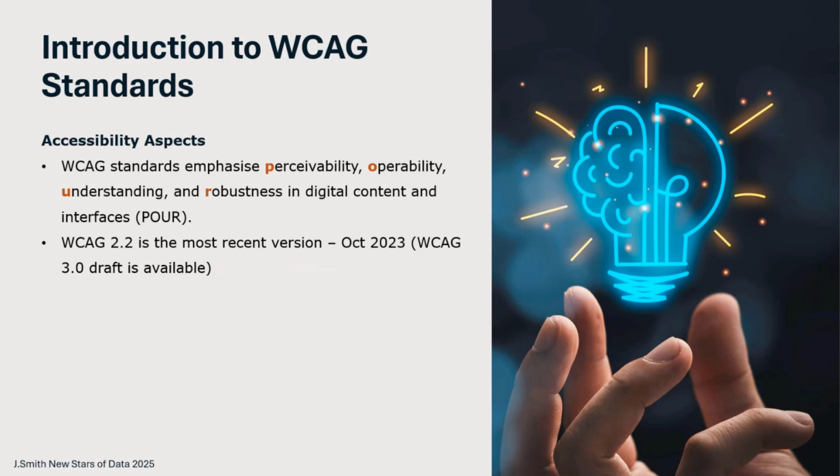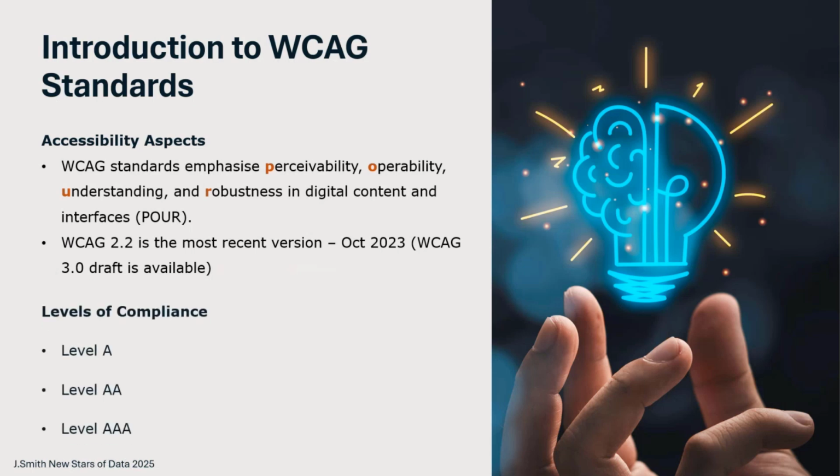These standards are categorized based on 4 main principles, which are perceivable, operable, understandable, and robust. And these are commonly known as POUR. WCAG 2.2 is the most recent version, which has been used officially since October 2023. And for version 3.0, there is already a draft available.